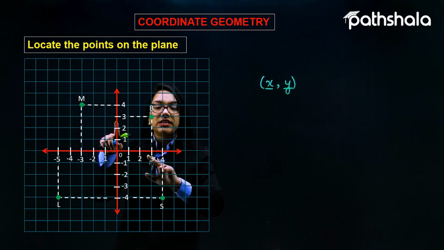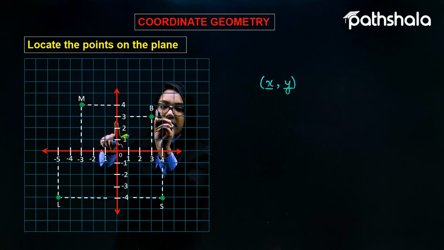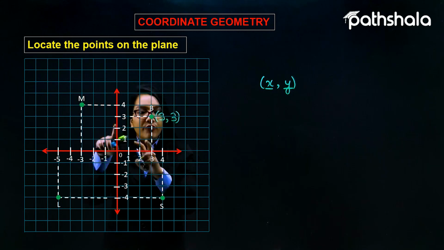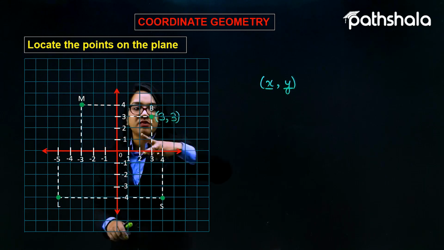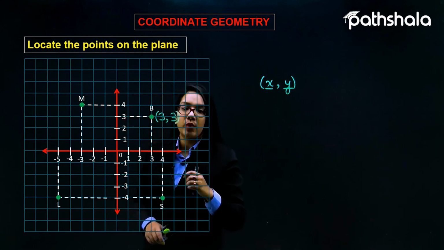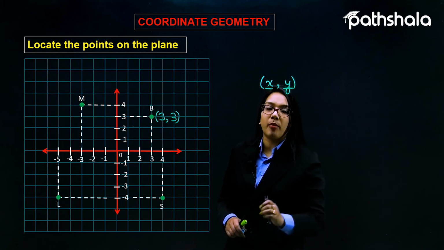It means its abscissa and ordinate are both 3. As you can see, its distance from the y-axis and its distance from the x-axis are both 3. So the coordinates for the point B are (3, 3).